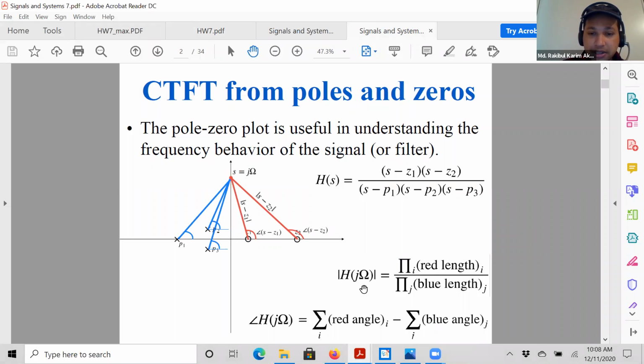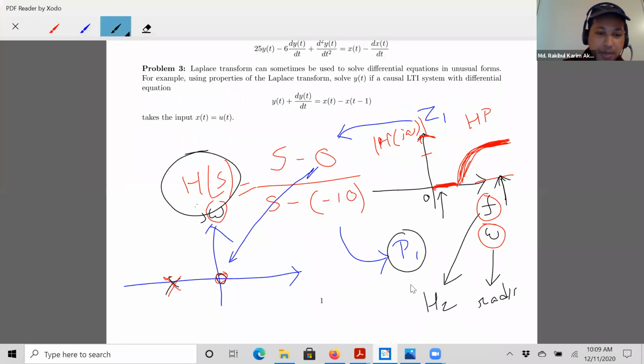So from the pole-zero plot, what your class lecturer was saying: when you take the magnitude of H(j omega), at first plot all the poles and zeros, then select any point on the j omega axis and draw a line.